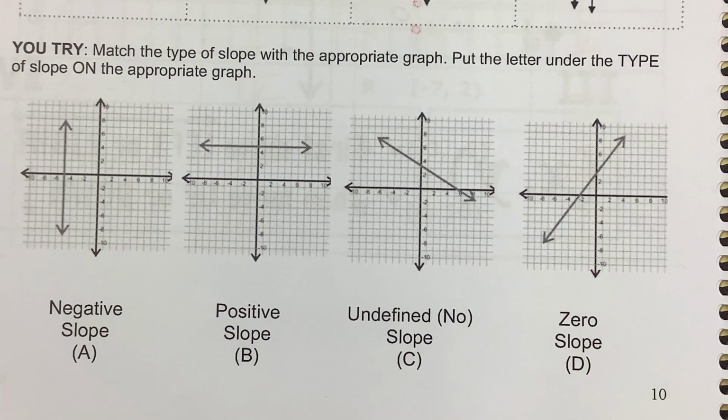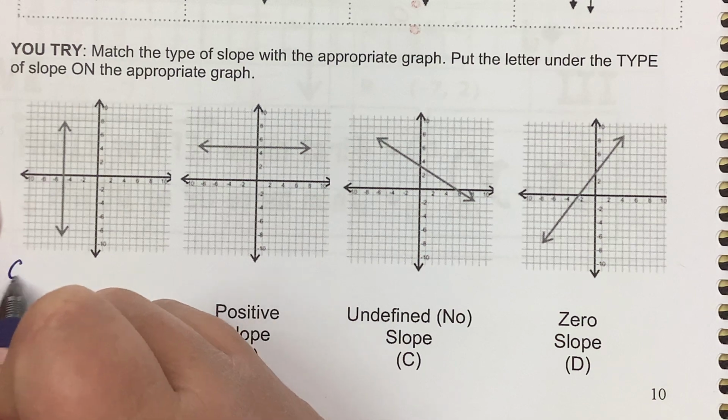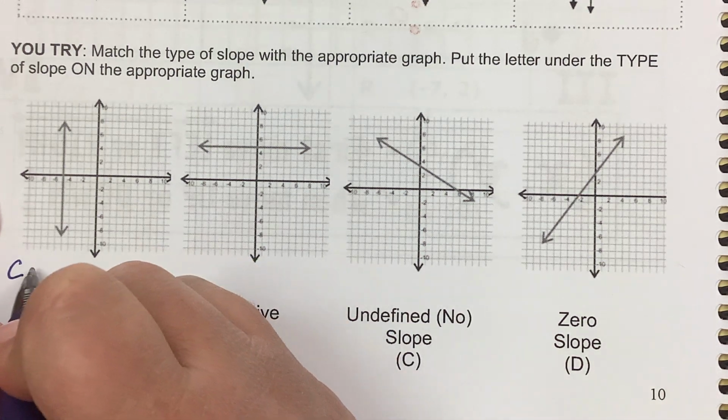I hope you paused the video and did this yourself. You only learn math by doing math. This first one, well, that is straight up and down. That is letter C, which is the undefined slope.